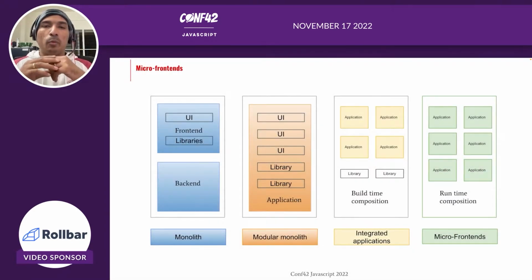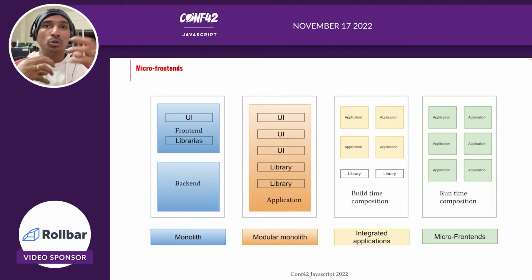While speaking about decoupling, micro-frontend is not the only option that we have to decouple a monolith application. There are other strategies or techniques as well. One such is modular monolith, where your frontend could be broken down into smaller UIs and libraries could be shared among them.